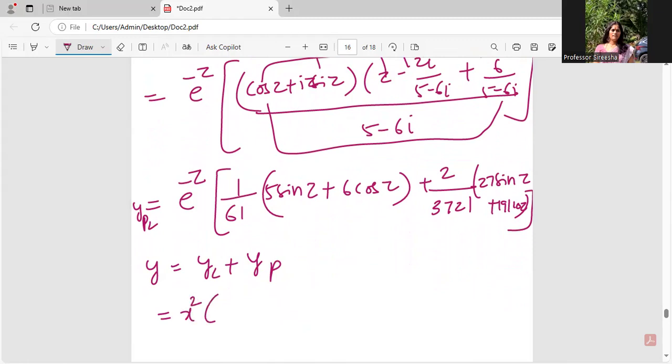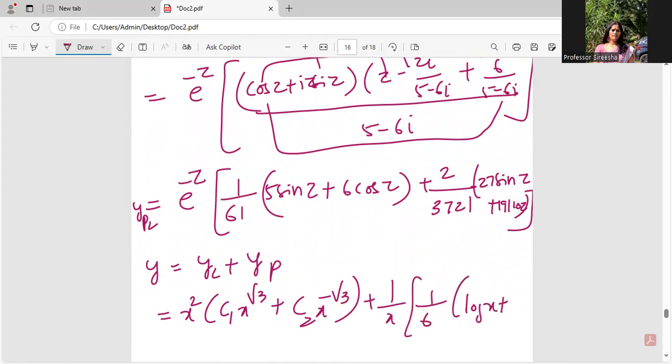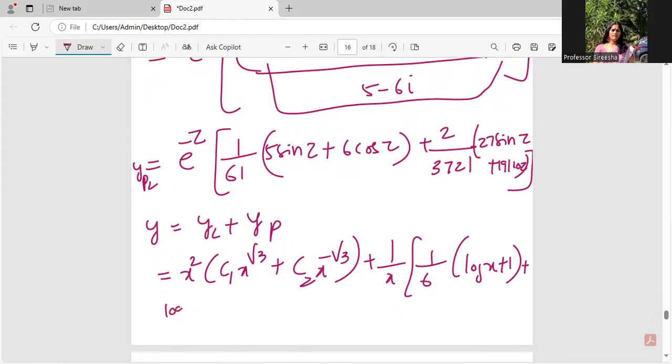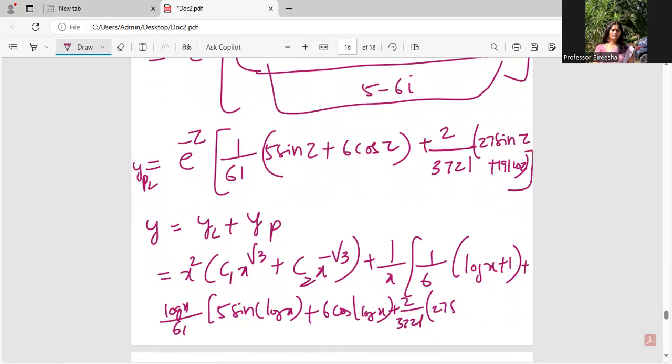It would be something like x squared, c1 x root 3 plus c2 x minus root 3, plus 1 by x, 1 by 6 log x plus 1, plus log x by 61, 5 sin log x plus 6 cos log x, because wherever z is there, it is log x, plus 2 by 3721 into 27 sin log x plus 191 cos log x.